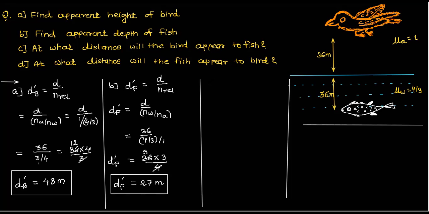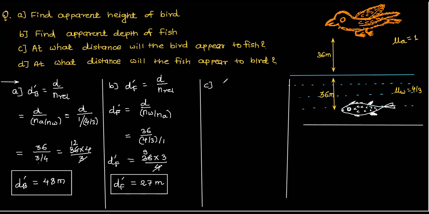Now, see bit. For the fish, at what distance will the bird appear? So for this fish, it is 36 plus how much will it appear? 48, yes or not? So 36 plus 48, how much? 84, right?